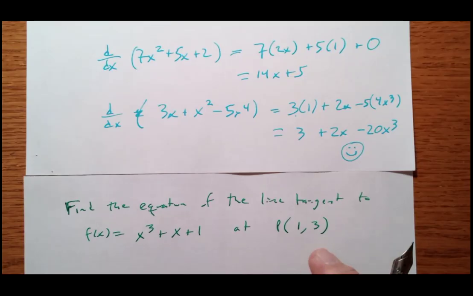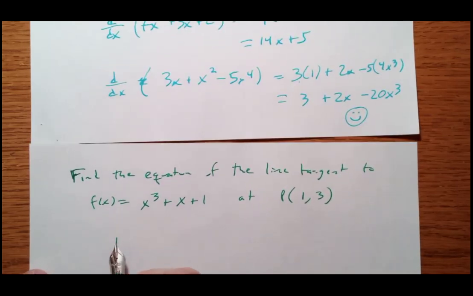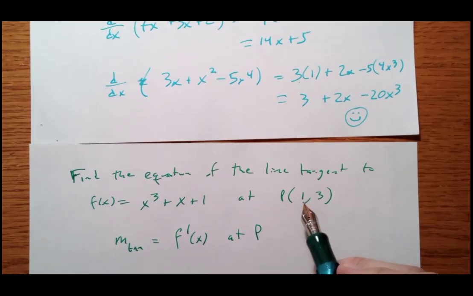I have a point, which means all I need is a slope. But the way you get the slope of the tangent line is to take the derivative at the point P. This is the x value for the point P, so I really need f prime of 1.